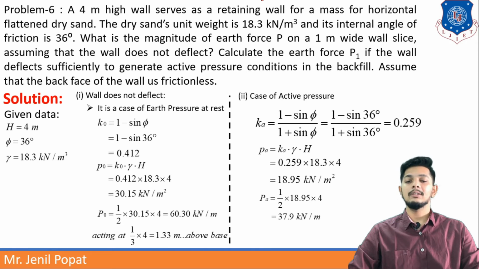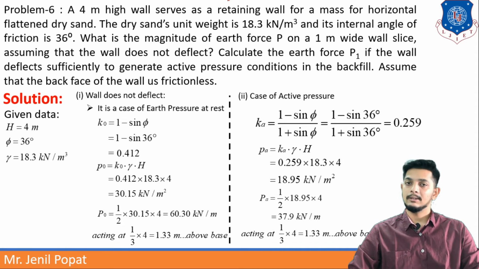So Pa will be 37.9 kilonewton per meter, and it will again act at the CG of the triangle, which is 1.33 meter above the base. So this question was asked in two different styles. One is earth pressure at rest and the second one is active earth pressure. So let us move forward.